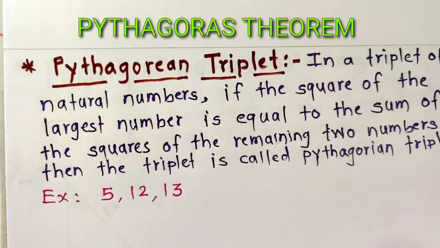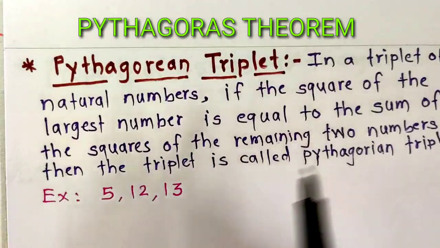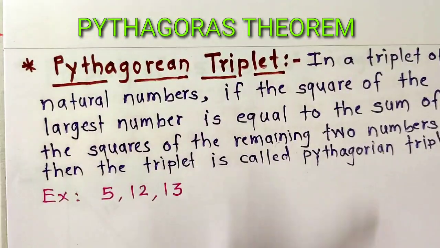See which one is the largest number. Then find the square of that number, let it be 1. Then find the sum of the squares of the remaining 2 numbers, let it be 2. If 1 and 2 are equal, that means the square of the largest number is equal to the sum of the squares of the remaining 2 numbers, then those 3 numbers are called a Pythagorean triplet.